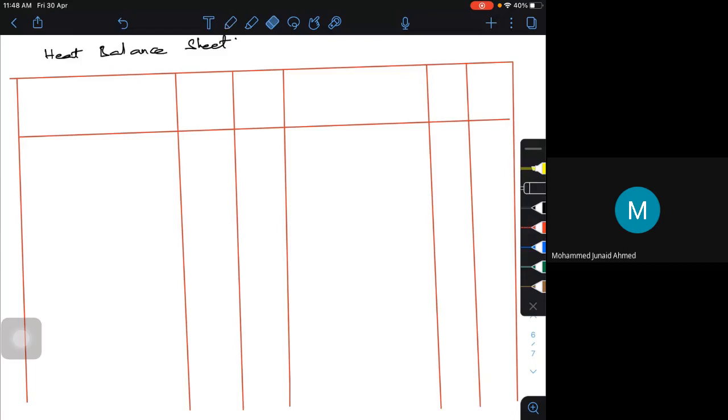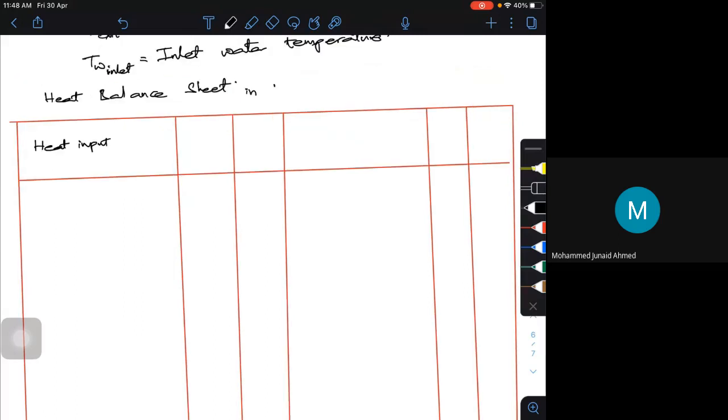The first thing we have is heat input per minute. I'm going to show the heat balance sheet on a minute basis. Heat input per minute, in kilojoules per minute and percentage.